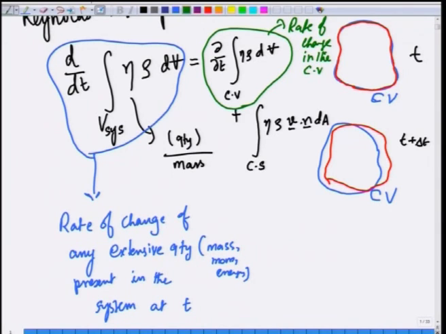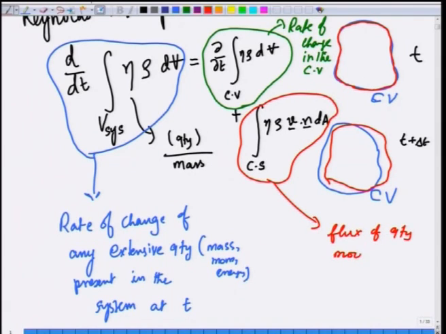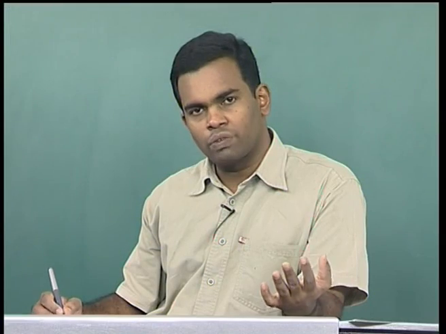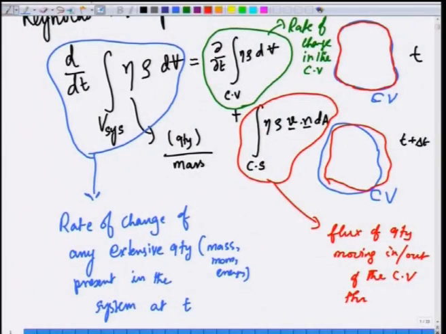By virtue of this flow in and out of the CV, there are fluxes of quantities inside and outside the CV, and that is this quantity. So, this is the flux term. This is a flux of quantity moving in or out of the CV, as the CV is visible to the outer surface through the control surface.